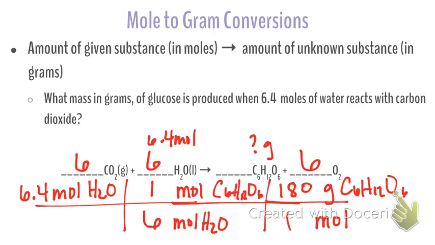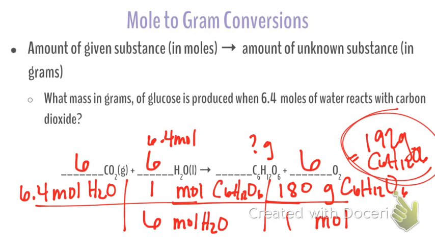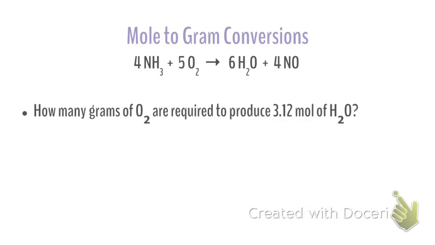Any questions about how that chart got set up? Okay, when you do the math, you multiply across the whole top, divide by the whole bottom. Oh, we got 192?